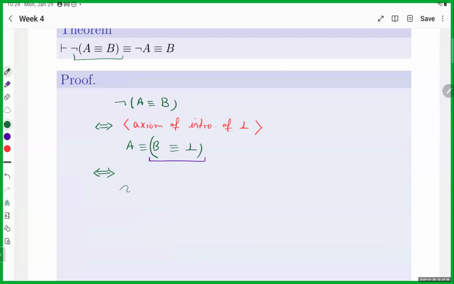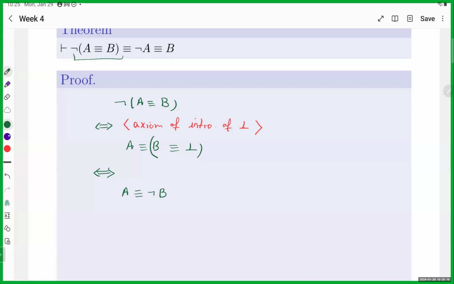It doesn't mean I cannot do it, but I need to be more careful with my annotation. So I know I can get negation of bottom here because B is equivalent to bottom is equivalent to negation of bottom. But what we actually did here was an instance of Leibniz.